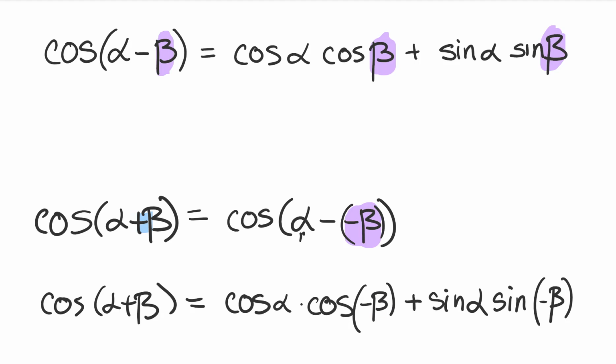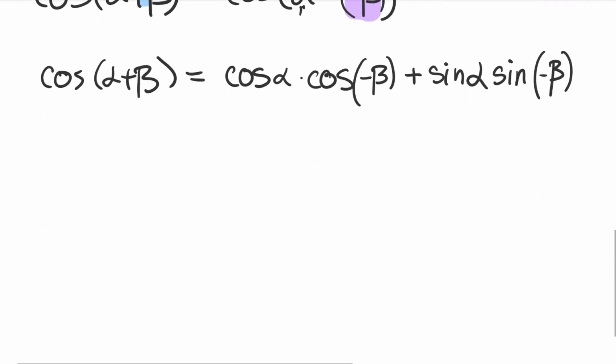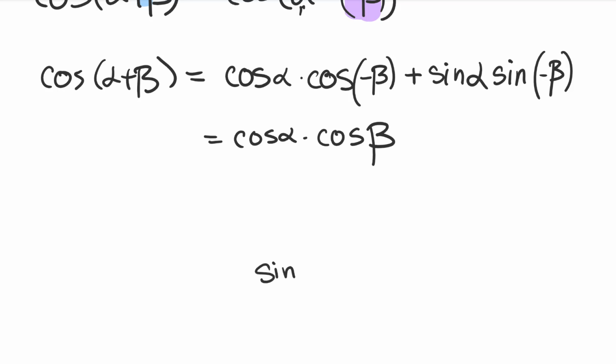And now we use the even and odd properties to be able to finish this thing. Cosine of negative beta is the same thing as cosine of positive beta. Cosine is an even function. Now sine of negative beta is actually equal to negative sine of positive beta.